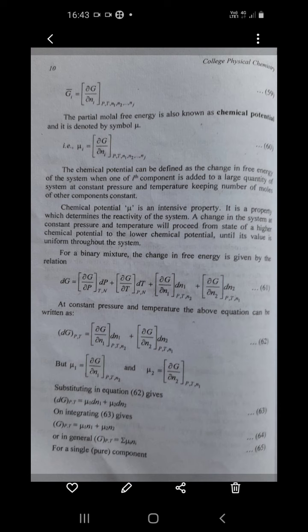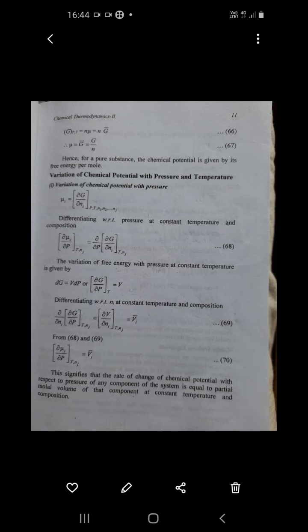For a single component system, this can be written as G is equal to N mu, or mu is equal to G bar, which is G upon N. Hence, for a pure substance, chemical potential is given by its free energy per mole. Mu is equal to G upon N, where N is the number of moles.